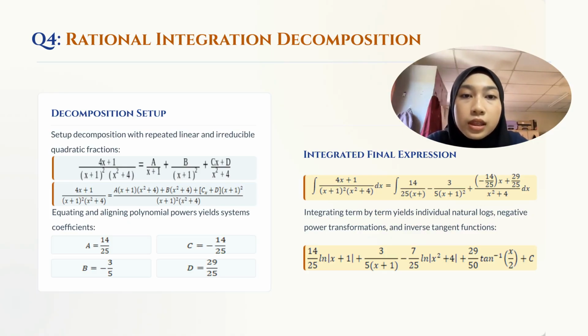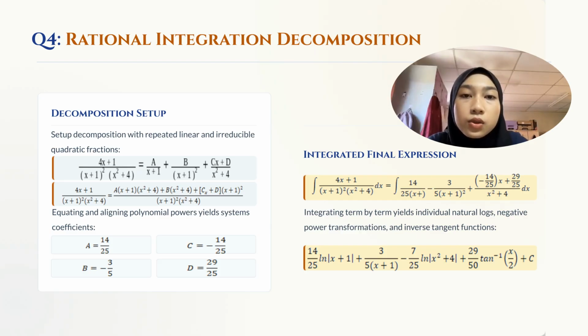Next, we systematically substitute values of x to create a manageable system of equations. By setting x equal to 0 and plugging in our value for B, we get the equation 4A plus D equals 7/5. Setting x equal to 1 yields the equation 10A plus 4C plus 4D equals 8.